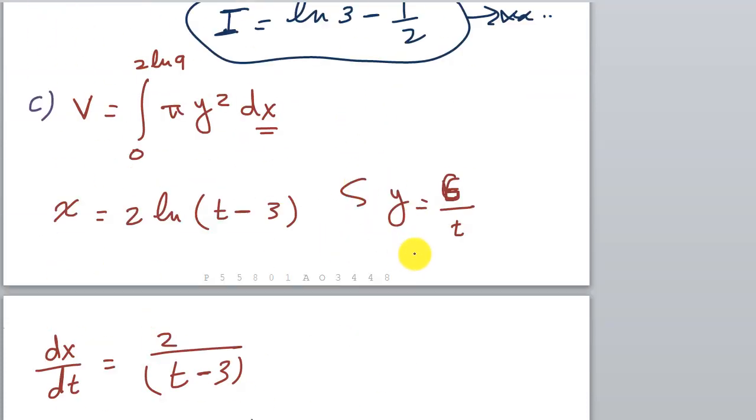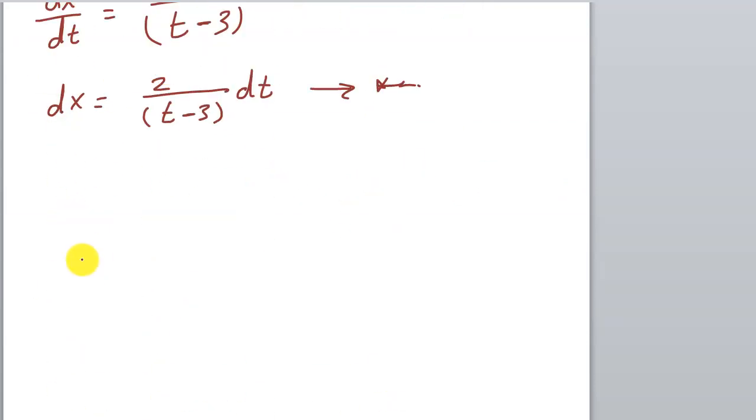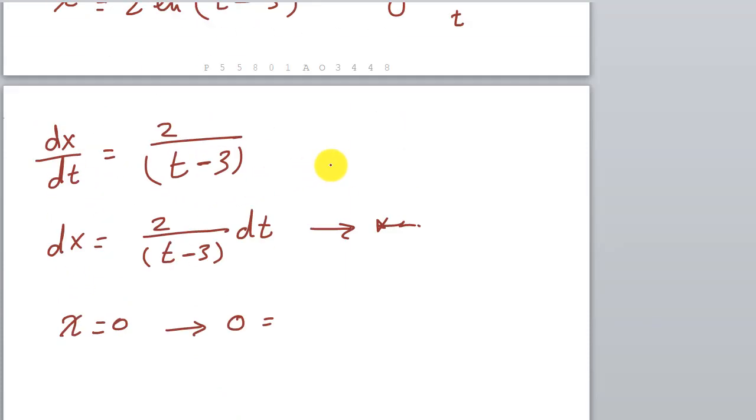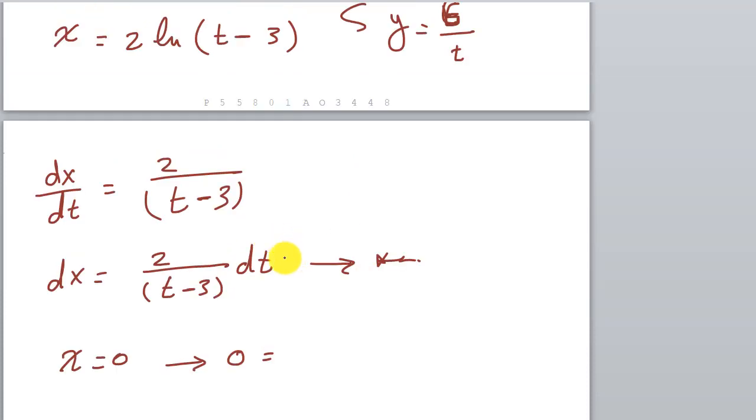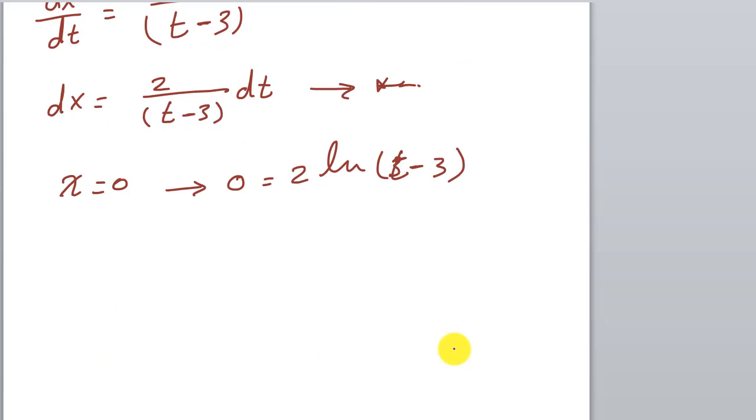Second part, we need to change the x limits to t. So for x equal to 0, 0 equal to 2 ln(t minus 3). So when the ln is equal to 0, when it's ln 1, so t minus 3 equal to 1. So from here t equal to 4.